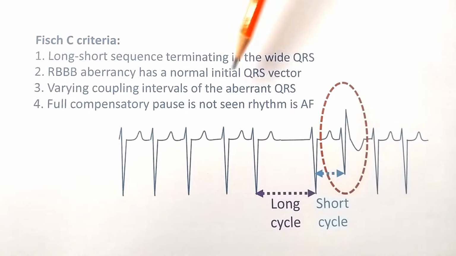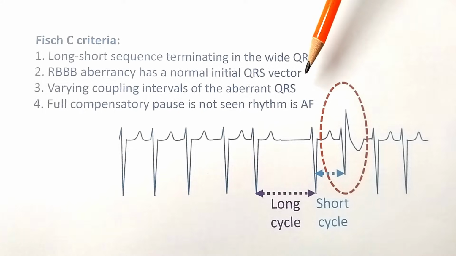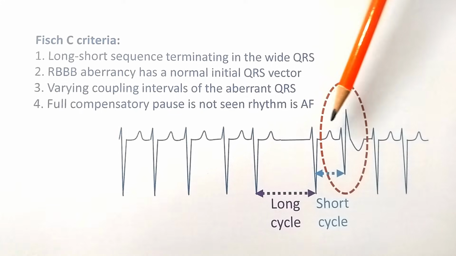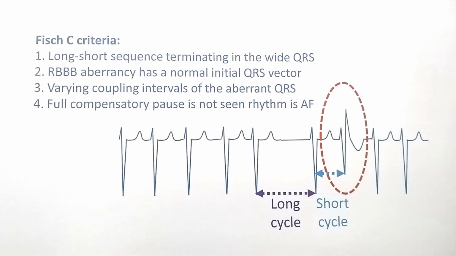Then varying coupling intervals of the aberrant QRS. That is because this is the coupling interval. Usually, ventricular ectopy, which is of the reentrant variety, has a fixed coupling interval. That's because it takes a particular time for that circus phenomenon or re-entry to occur after the previous beat. So in usual ventricular ectopy, the coupling interval will be constant.